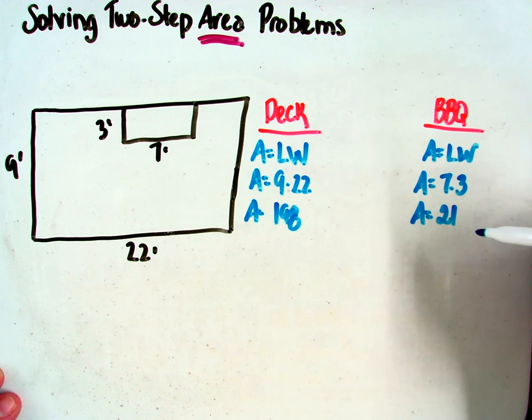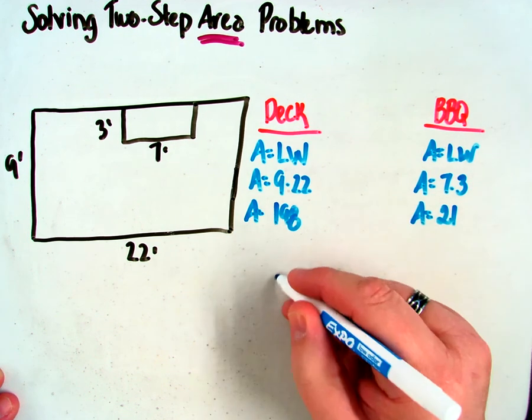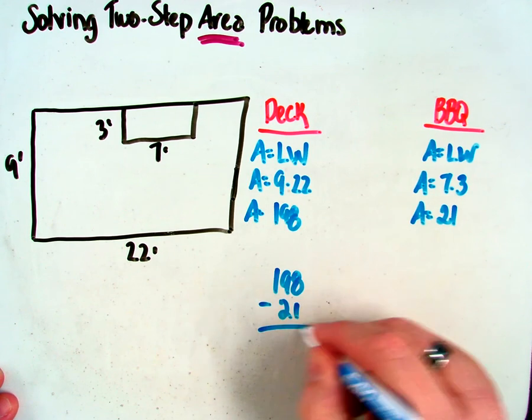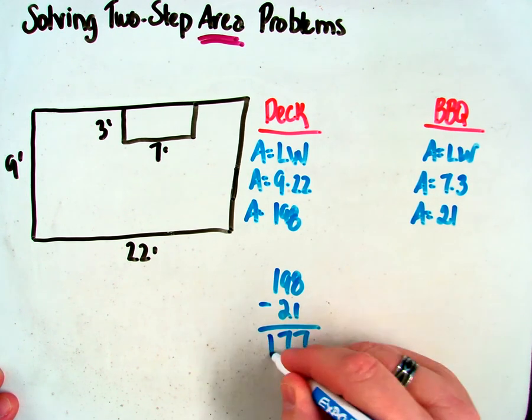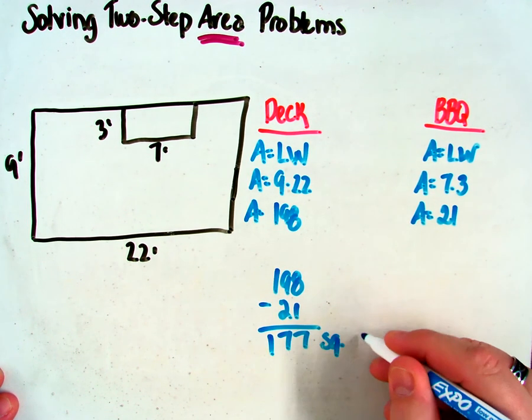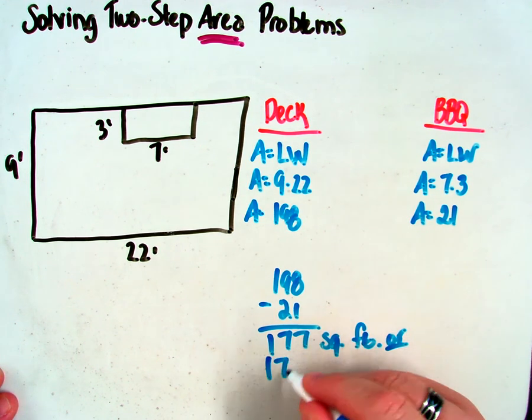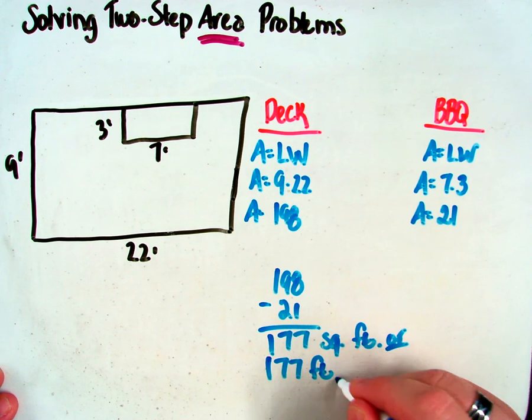So, we're not obviously going to paint over the barbecue, so we have to find the difference. We have to find the difference between the deck and the barbecue. So that would be 177 square feet or 177 feet square.